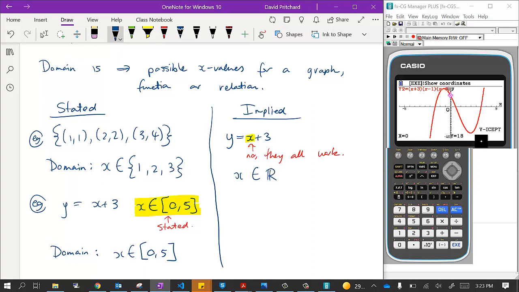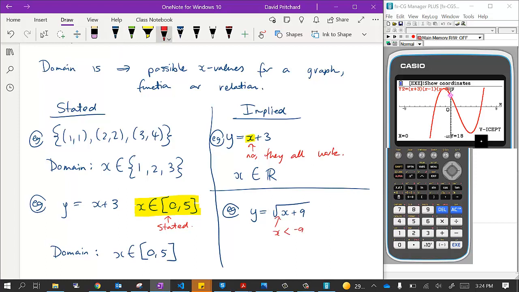Now, the flip side of this is that if there is a scenario where x can't be certain values, so let's look at y is equal to square root of x plus 9. Now, because this is a square root, we should be able to determine that there's some values that just won't work here. So with a square root, if it's negative, then there's not going to be a real solution.